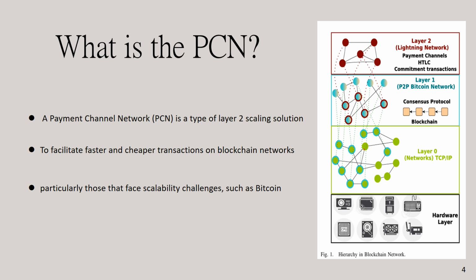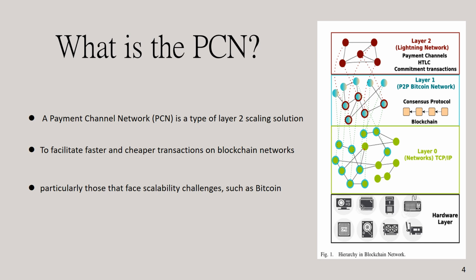Layer 2, PCN network. This layer helps reduce the burden on the main blockchain layer 1 by conducting transactions off-chain. Private transaction channels are established, and both parties can freely exchange Bitcoin by signing a hashed timelock contract (HTLC).